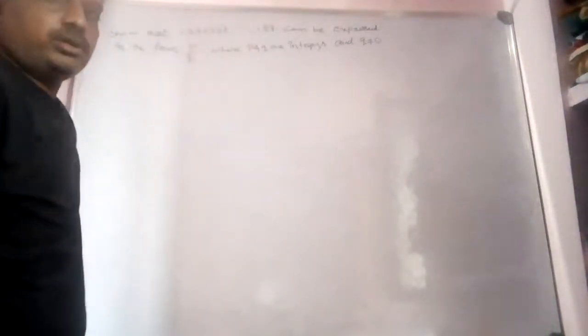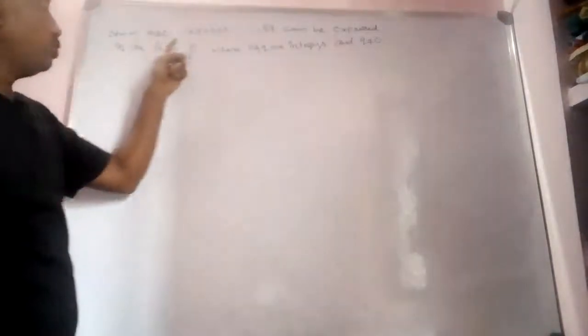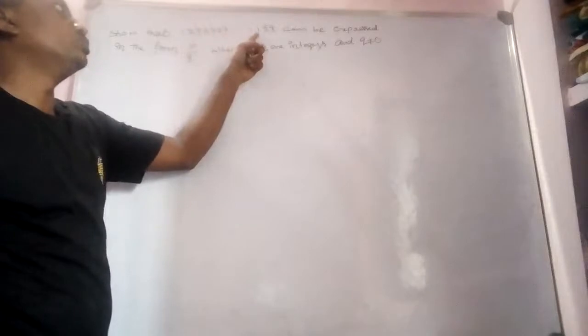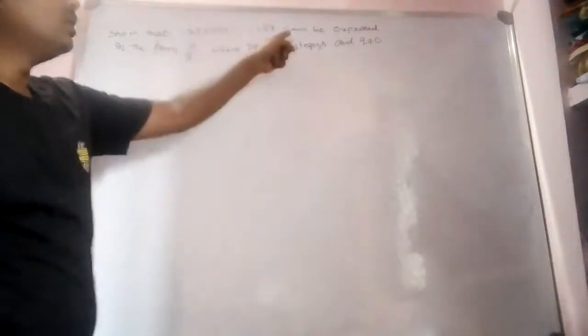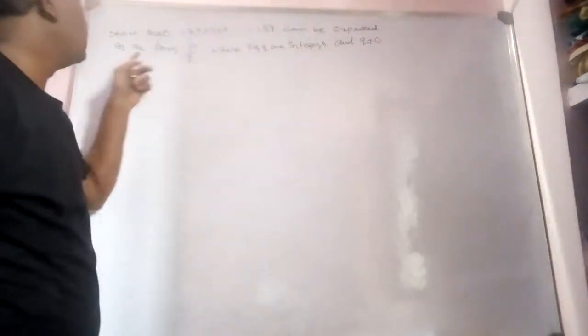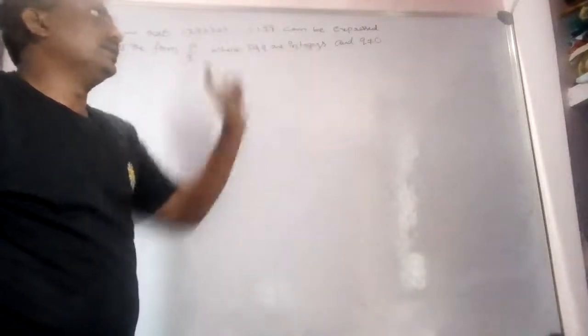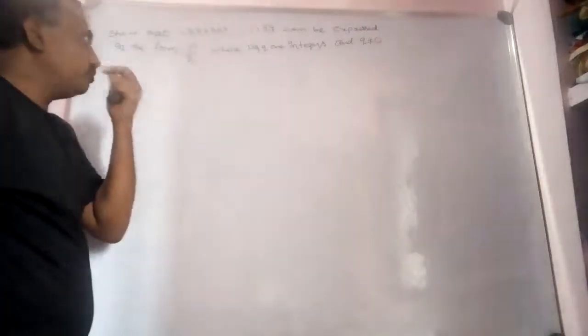Today, given the question: show that 1.272727 and so on, that is 1.27 bar, can be expressed in the form p by q, where p and q are integers and q is not equal to 0.